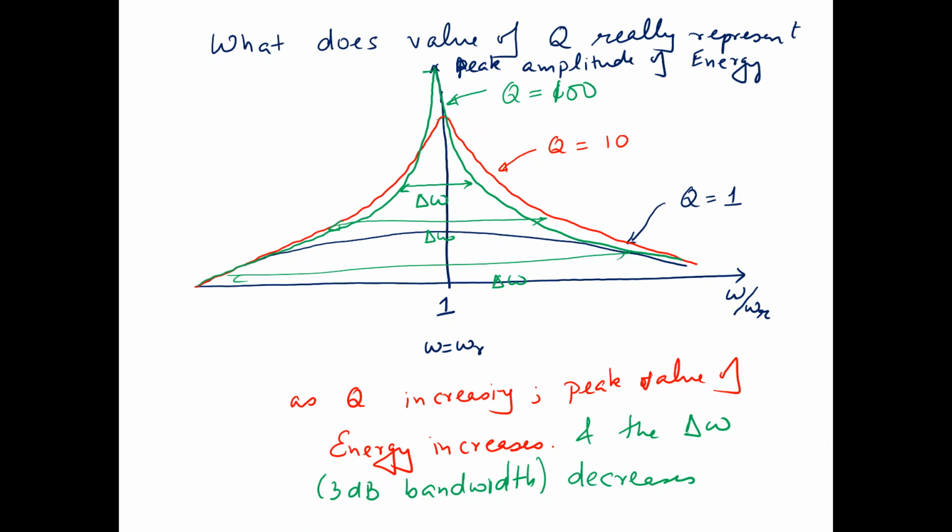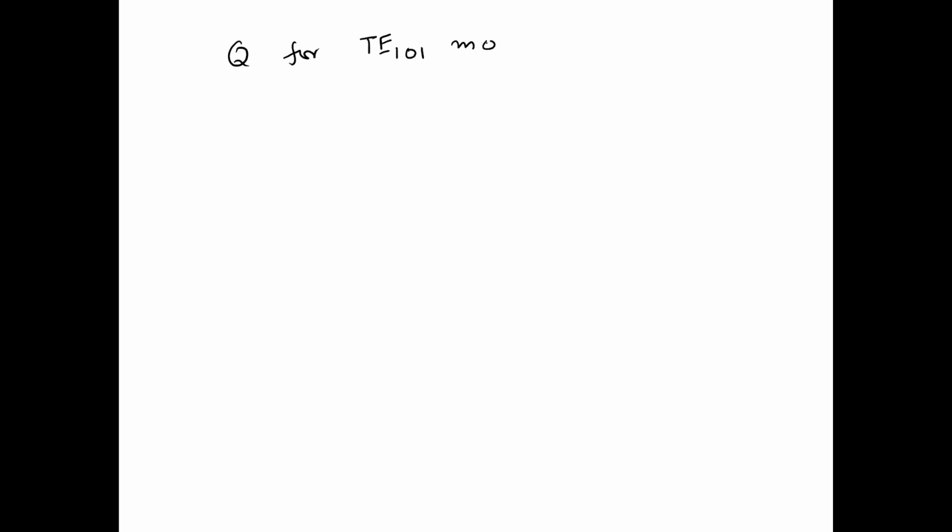You want your resonance effect to be large, and thus you normally want to operate at high values of Q. Let's do some simple calculations and try to understand where we land when we make the Qs with these cavities.